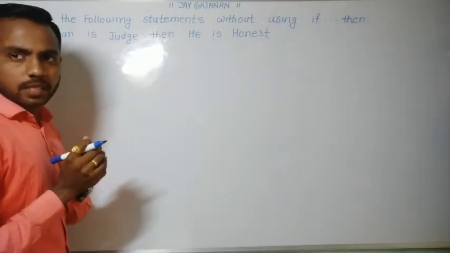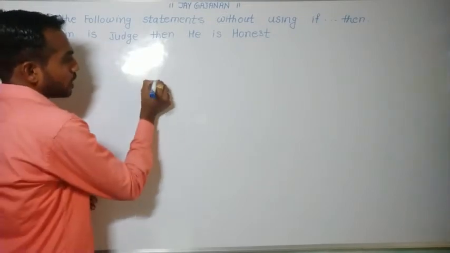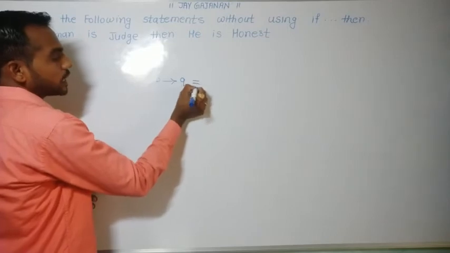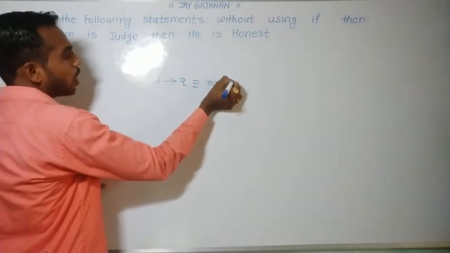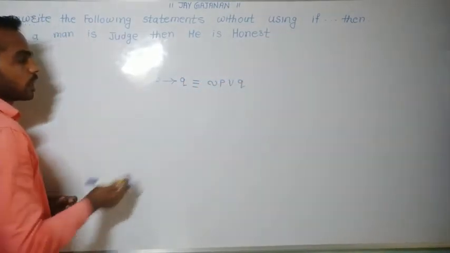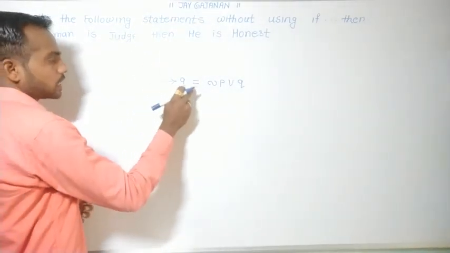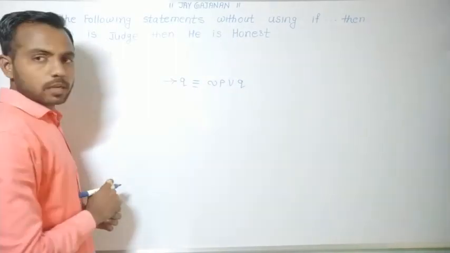It is very easy because by the conditional law we can write P implies Q is equal to negation P or Q.